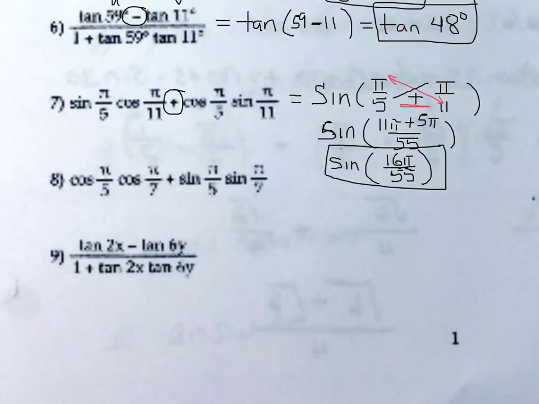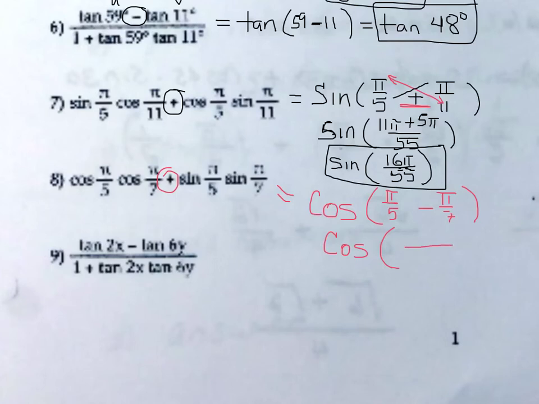Let's do number 8, same way. What is this going to be? It's cosine, right? What sign should we put in the middle of the u and the v? Minus, subtraction, because it's the opposite. So here is basically the same idea: pi over 5, and this is pi over 7. Common denominator, 35.